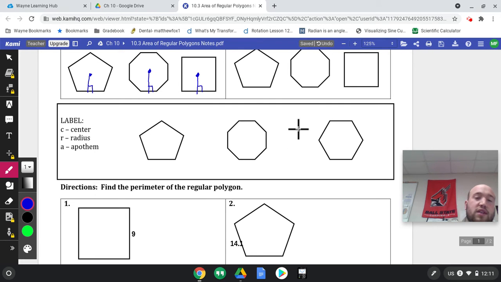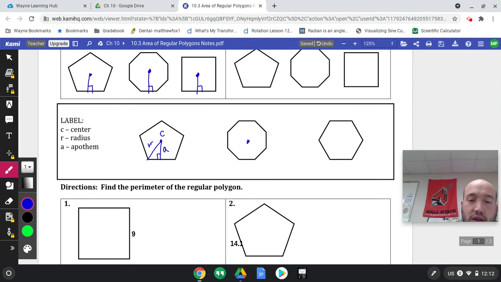So if we look at these same three shapes, once again, we have our pentagon, our octagon, and our hexagon. If we put a dot here at the center, and then the radius goes to the corner, and the apothem comes down, do you see how now we have a right angle formed? Okay, so that was our apothem, this was our radius, this was our center.